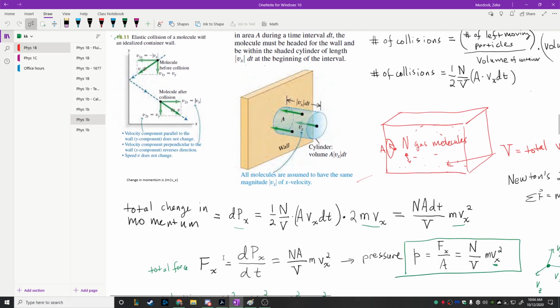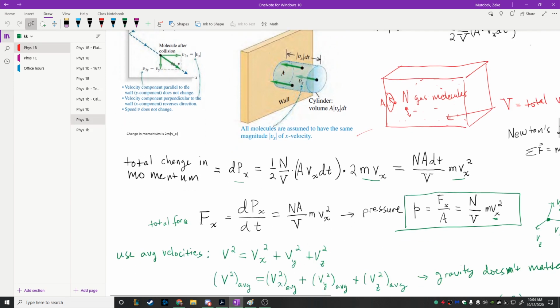We said the pressure is related to the force, which is related to the change of momentum, and then we basically counted up how many molecules were moving to the left and would then strike the wall to produce a pressure.